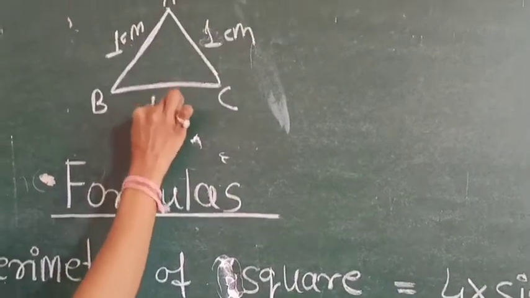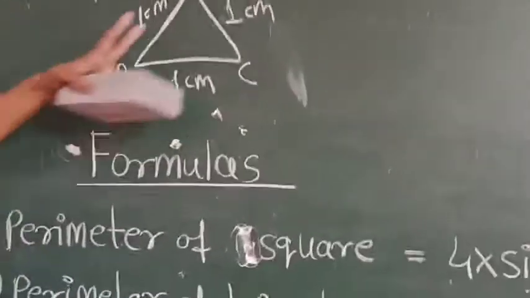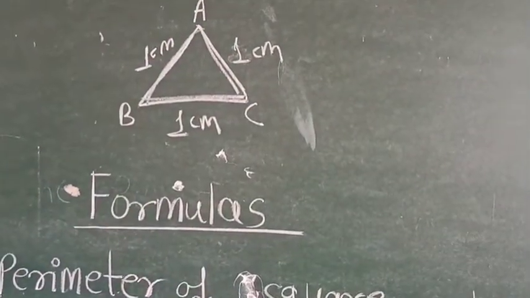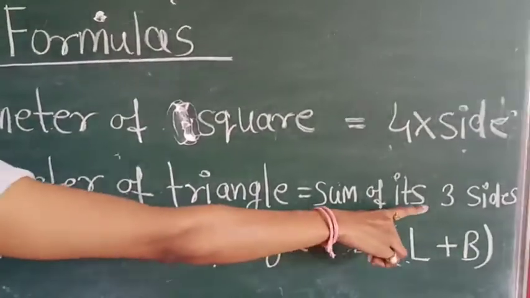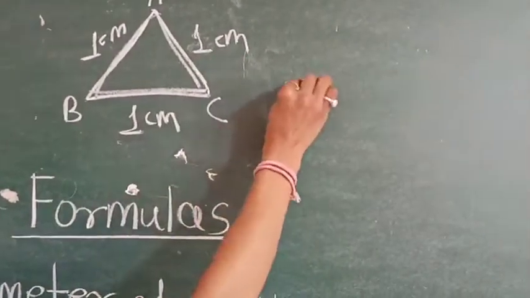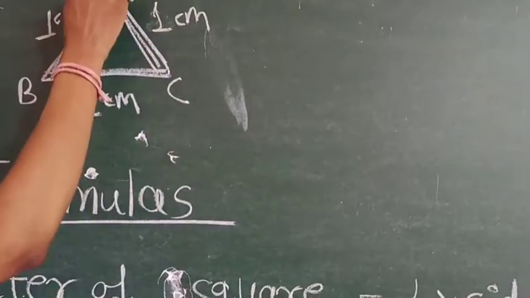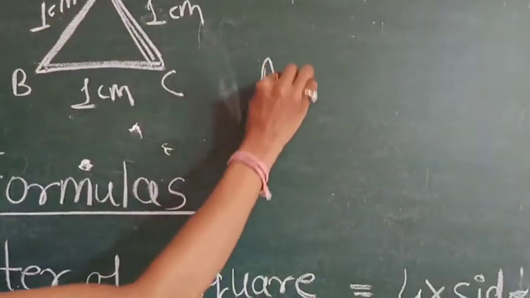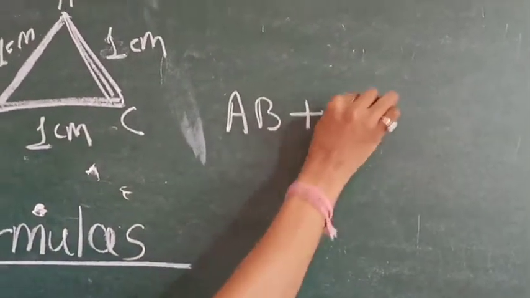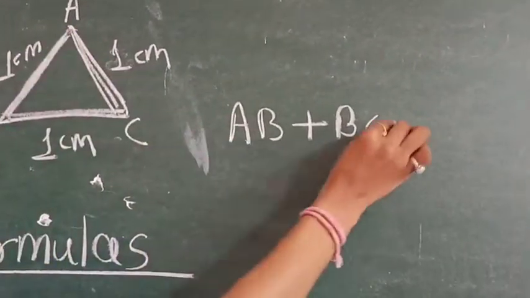We have 3 sides here, 1, 2 and 3. So what is the sum of these 3 sides? One side is AB plus BC plus CA.